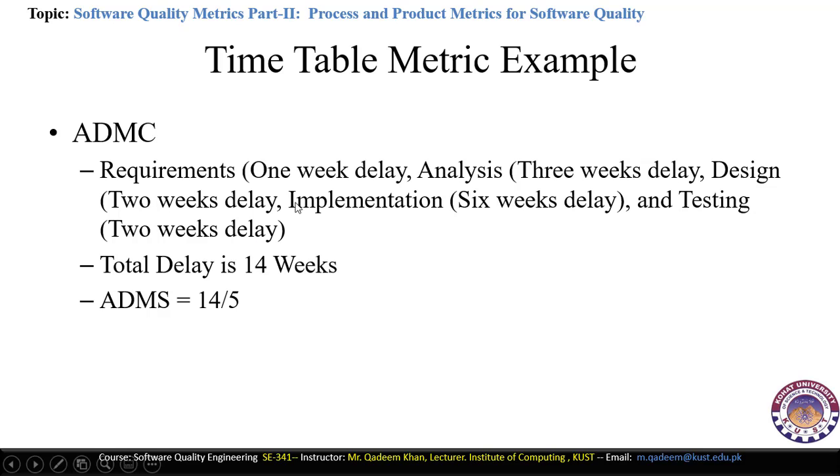So you can see there are multiple types of delays in multiple phases. Overall delay is 14 weeks, if you count all these delays. So ADMC is equal to total delay divided by total number of milestones. So 14 divided by 5 is the ADMC value.